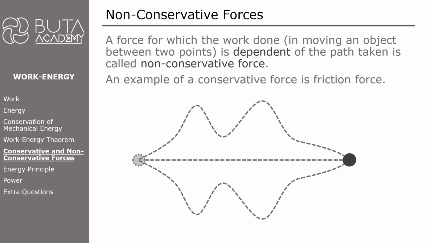As the paths on the top and bottom are longer than the one in the middle, more energy will be dissipated. Hence, the work done by friction on these two paths will be more than the work done on the middle one. This means that work done by friction force is dependent on the path of the object. Thus, friction force is a non-conservative force.